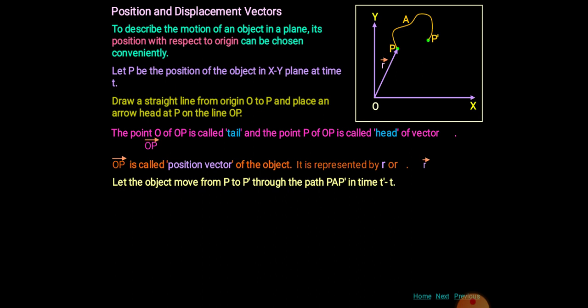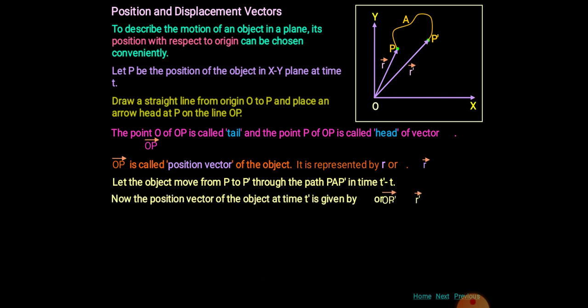Here the object is moving from P to P dash, following the path PAP dash in time T dash minus T, where T dash is the final time and T is the initial time, so final minus initial, that is T dash minus T. Now let us consider OP dash. It is the R dash vector. So what is PP dash? It is the displacement.